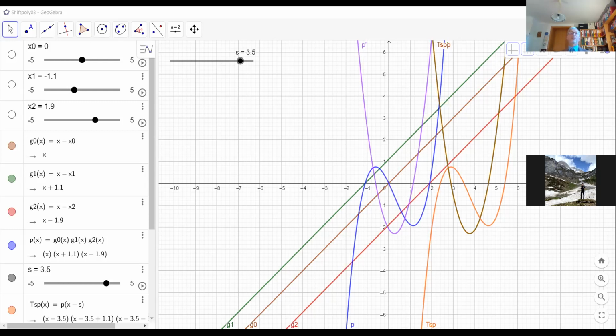Now, I find it very important for understanding these things that with this way of building up the GeoGebra, you can do everything in a dynamic way. So what if we are shifting not by 3, but by 4 to the left? Then, of course, the whole situation is changing.